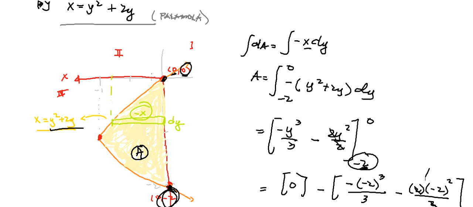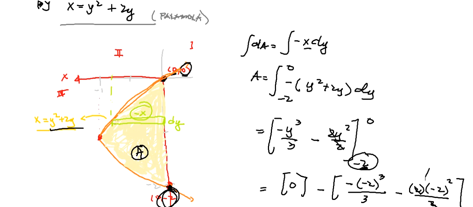It so happened that the intersection point along x is at 0, 0, and along y is 0, negative 2. Then we plot this parabola, and we come up with a parabola that looks like this.